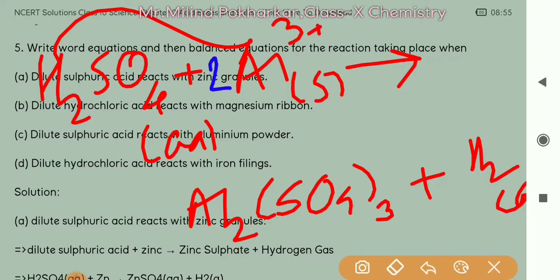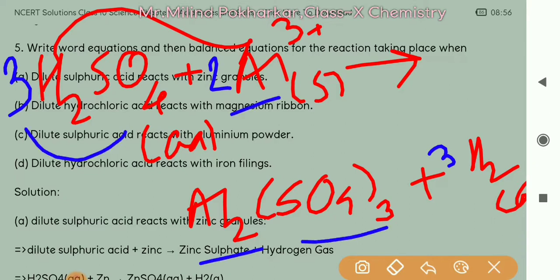Then SO4 is thrice, so we make it 3 on the left, and then 3 times 2 is 6, so we also make 3 on the hydrogen side. Let me change the colors so that you can identify. 3 times 2 are 6 hydrogens on both sides, 2 aluminium, 2 aluminium, and 3 SO4 on both sides, so that is also balanced. This is how we can balance this reaction.